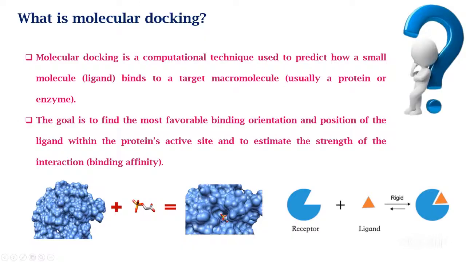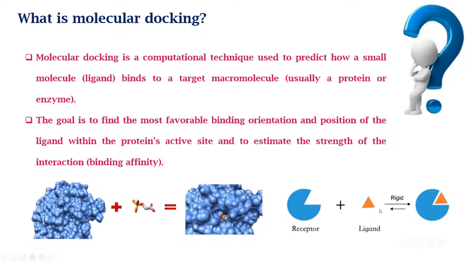Here is the image. This image represents any protein or receptor or the target, and this is our synthesized compound. We call it a ligand. This ligand can fit into the active site or the cavity of enzymes, and thereby interactions take place between this ligand and protein.